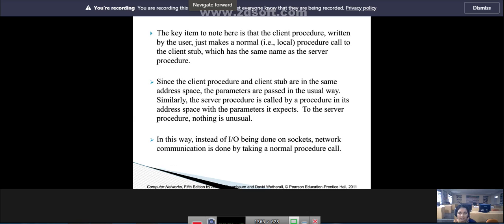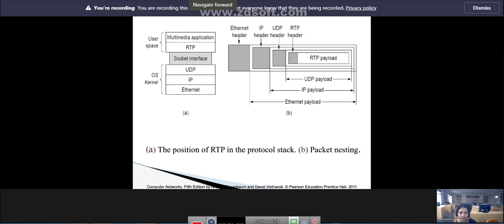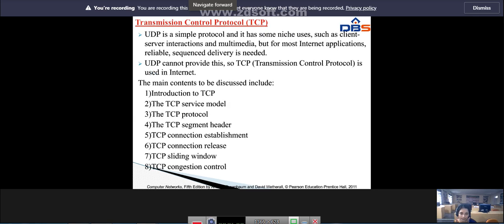These are the steps which I discussed in the previous class. Next coming to the real time transport protocol, this is the diagram of RTP. And for the transmission control protocol, we have discussed the TCP service model, TCP protocol, TCP segment header, TCP connection establishment, and TCP connection release. These are the things we discussed in the last class.